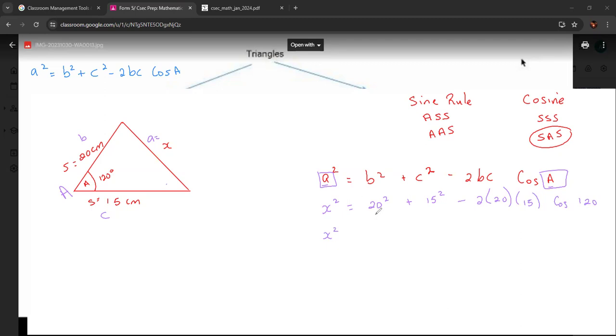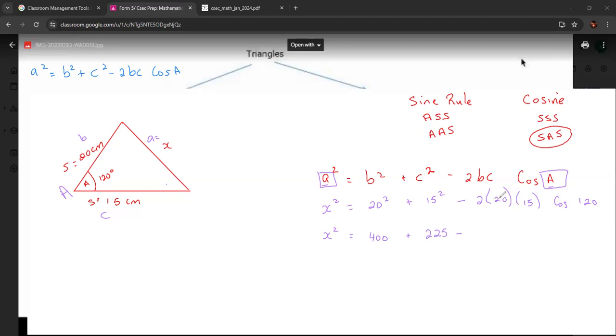So 20 squared, or 20 by 20, is 400, plus 15 squared, or 15 times 15, that's 225, minus. Anytime you have brackets with nothing in between, we understand that it means to multiply.